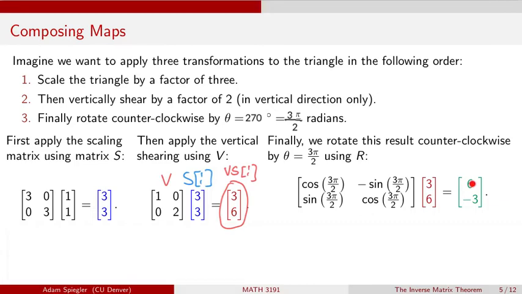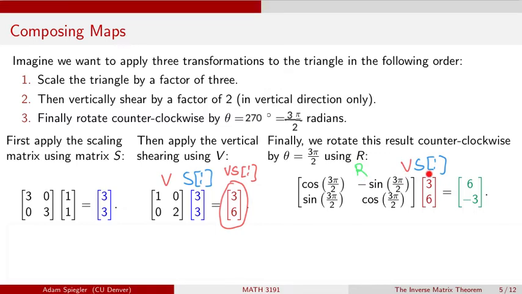That puts us ultimately, this vertex at 1, 1 gets first mapped to 3, 3, then 3, 6, and then after this rotation, it finally winds up at its final point at 6, minus 3. And so this rotation matrix R we can think of as being applied to the vector which we got by first applying the scaling, then applying the vertical shearing, and then finally applying the rotation.